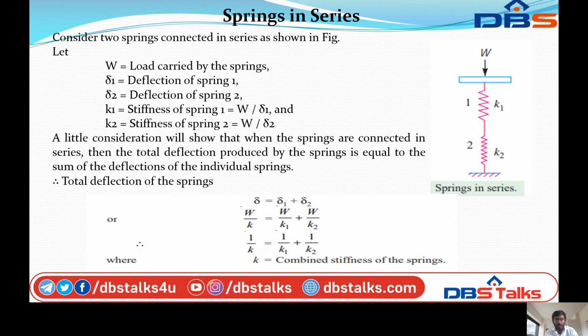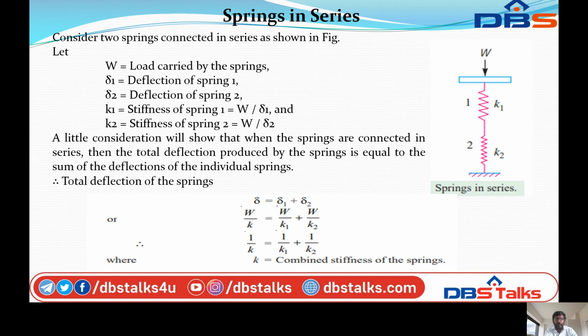Let W be the load carried by the spring. Delta 1 is the deflection of spring 1, and delta 2 is the deflection of spring 2. K1 is the stiffness of spring 1, W by delta 1, and K2 is the stiffness of spring 2, W by delta 2.